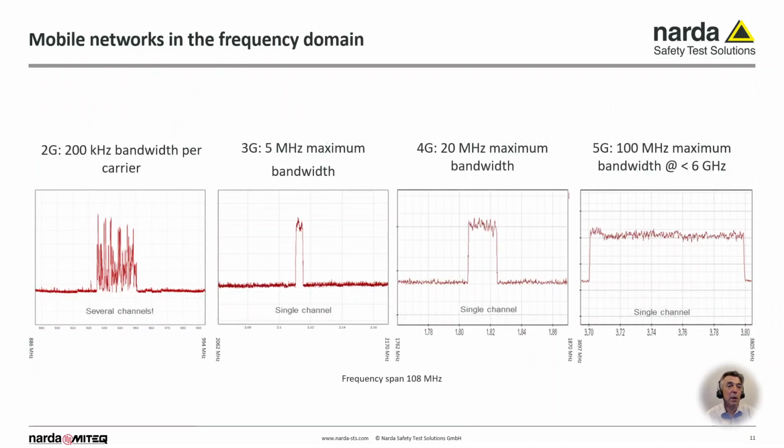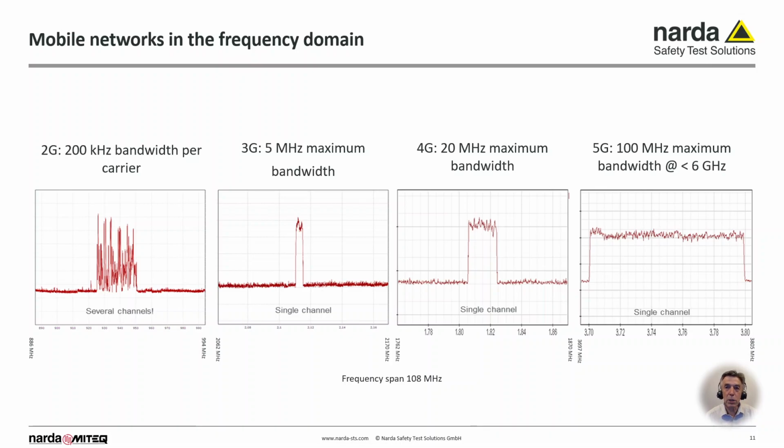When we look into the spectrum with spectrum analyzers like the SRM, we can see the services here in different shape. And each of the four pictures has a span of 108 megahertz. And on the left-hand side, we see several operators using the 2G bandwidth. With 3G, a single operator needed around about 5 megahertz maximum bandwidth.